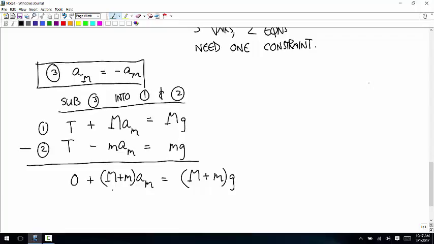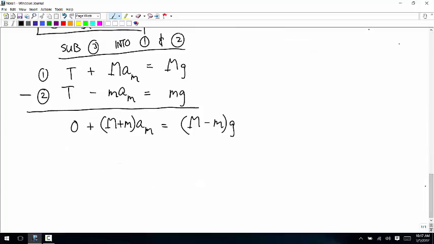So this looks right, doesn't it? And then I have to change this one. But these look right. And then when I subtract, this is big M minus little m. And so the acceleration of the little mass is equal to big M minus little m over big M plus little m times G. And that's up.